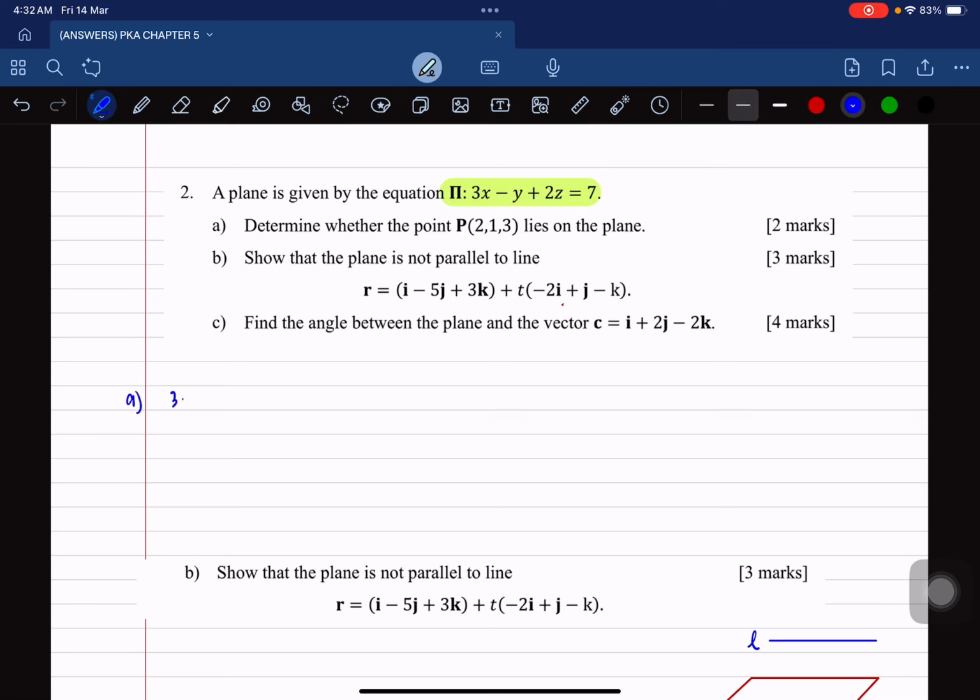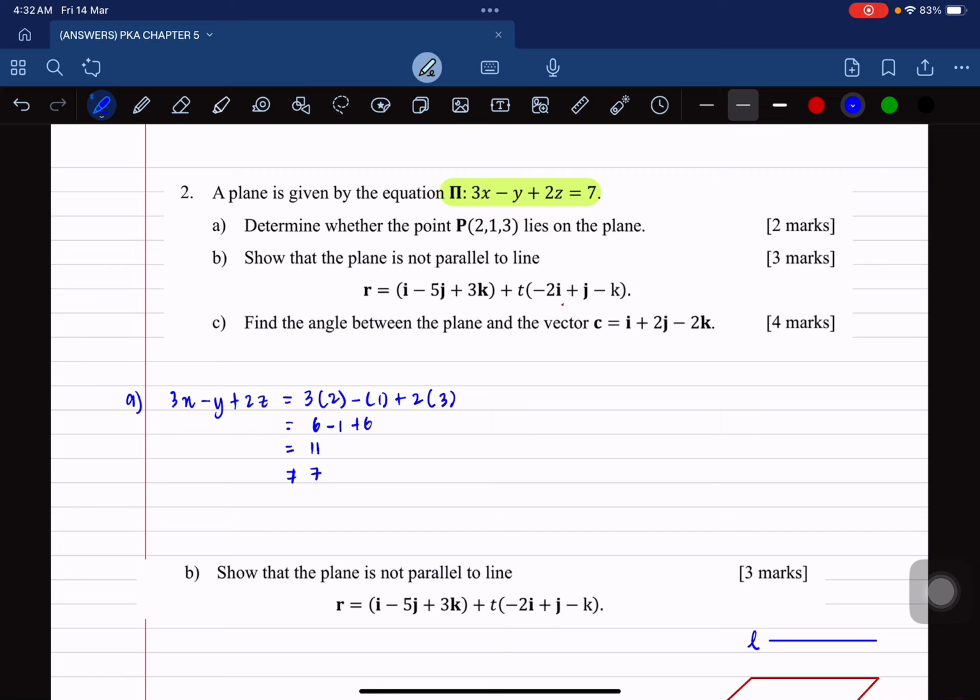So we have 3x minus y plus 2z equals 7. Sorry, we're gonna substitute first. So 3 multiplied with 2, minus 1, plus 2 multiplied with 3. So we have 6 minus 1 plus 6, so we have 11, which is not equal to 7.